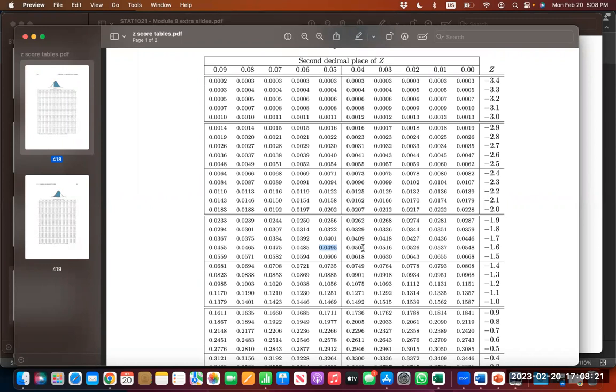Why are we doing 1.65 and not 1.6? Well, 1.6 is here, that's 0.055. So 1.65 is 0.0495, which is closer to 5%. And 5% for a two-sided test would be on both sides of the distribution curve.